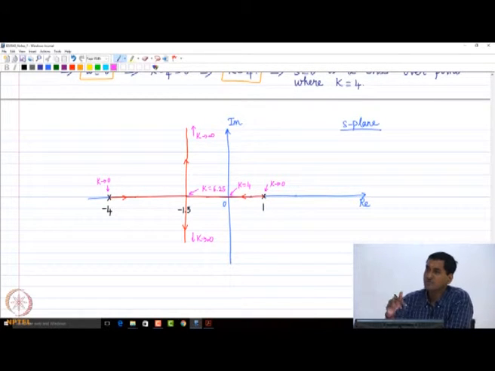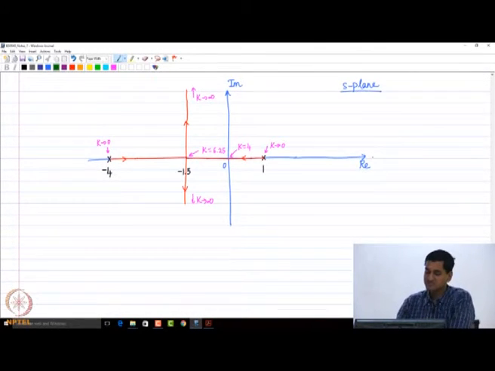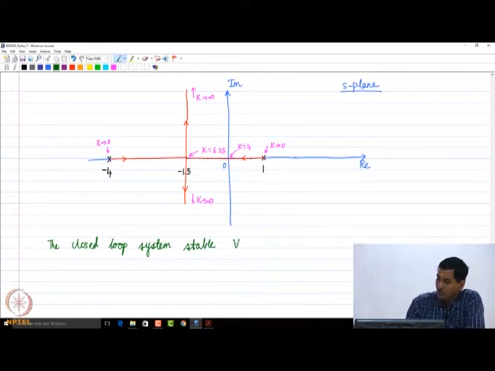Using all the steps, have we used all the steps? Yes, right. We have marked all the critical aspects of the root locus, and immediately we can see from the root locus that the closed loop system is stable for all k.